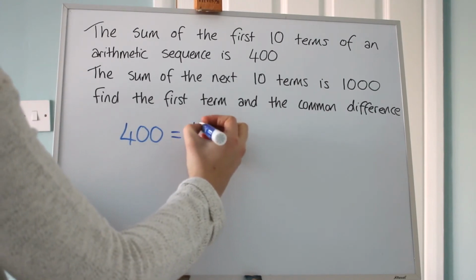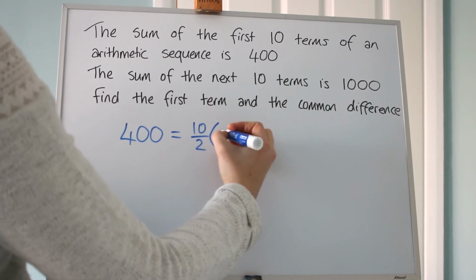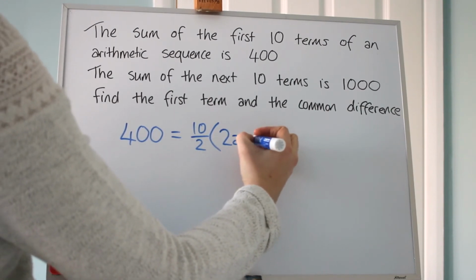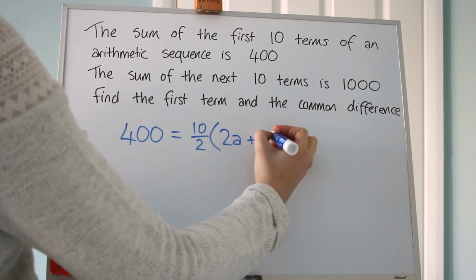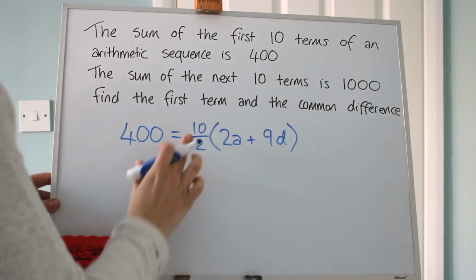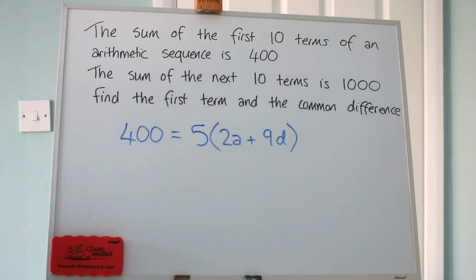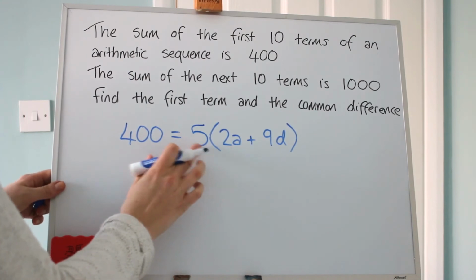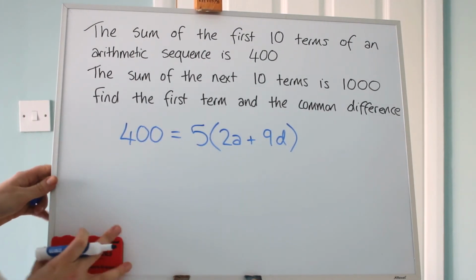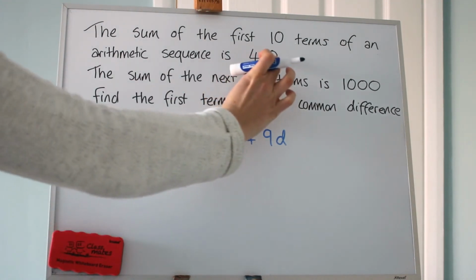That would be 10 over 2 using that expression again, times 2a, which we don't know, plus 10 minus 1, which is 9, times d. 10 over 2 is 5, and to simplify even more, we can divide that 5 onto that side to give us 80. So there's our first equation using that piece of information.